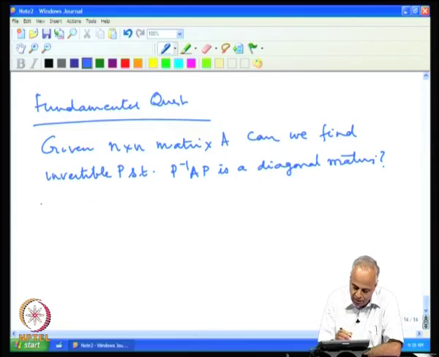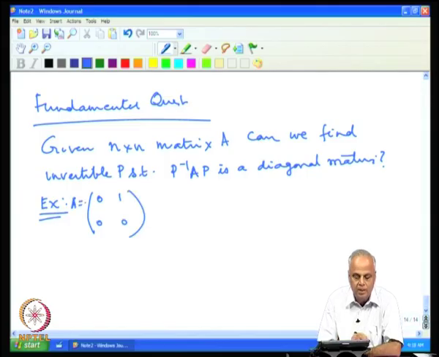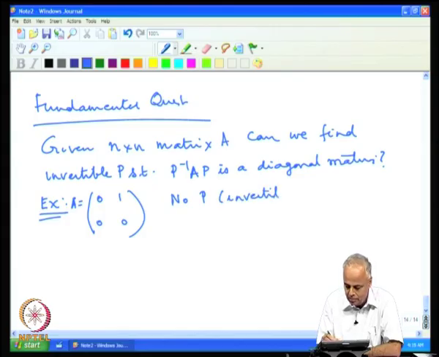The first thing is to look at an example. If you look at this matrix, we leave it as an exercise to verify that no invertible 2 by 2 matrix P exists such that P inverse A P is diagonal.